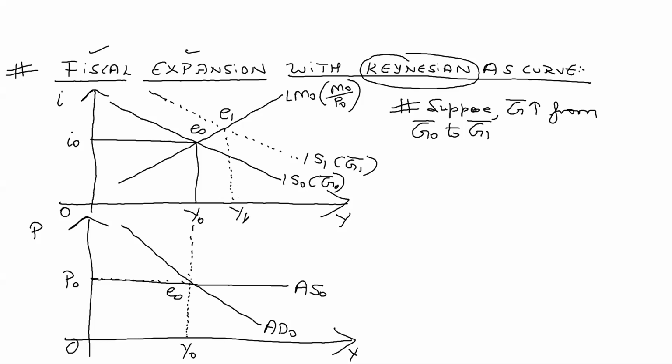Now guys, I am not doing the whole chain again because you already know it from the ISLM lecture. Ultimately, we know that we move from point E0 to point E1.